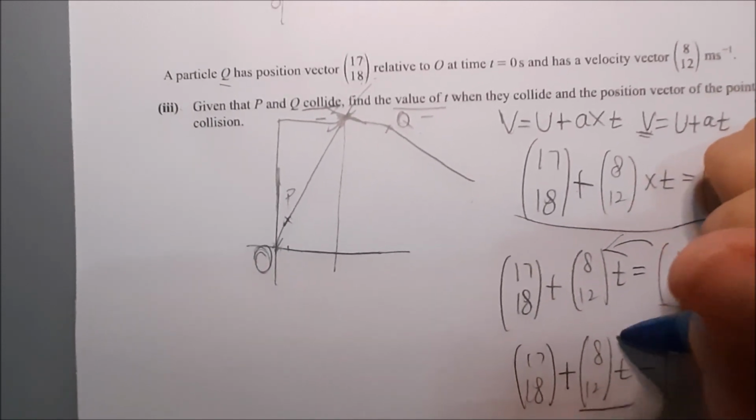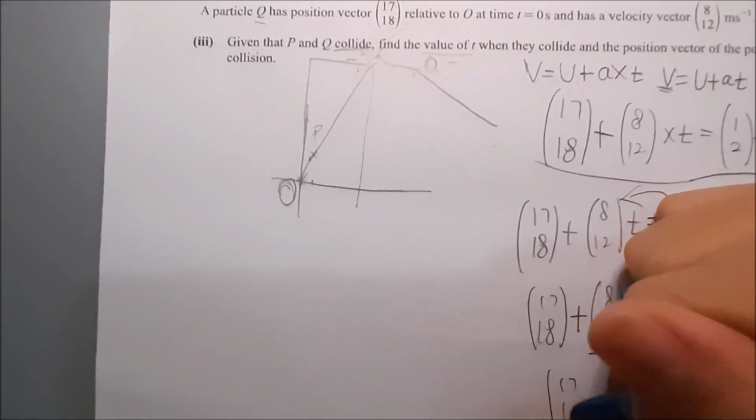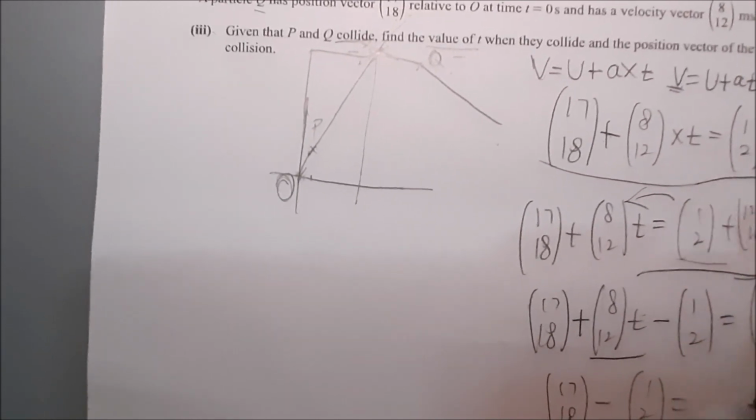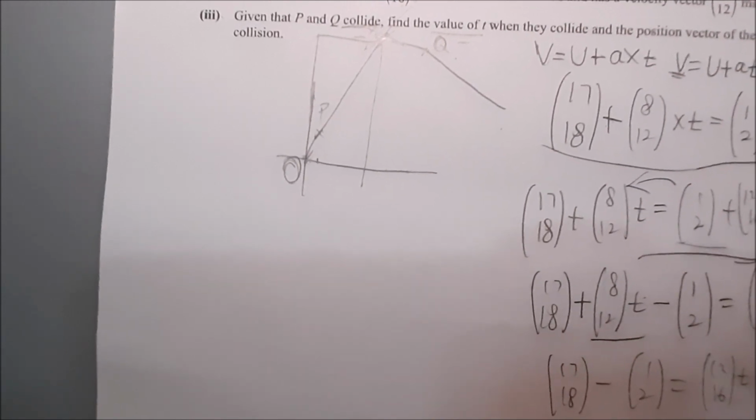And if you move the column vector (8, 12)t to the right, you get (17, 18) minus (1, 2) equals (12, 16)t minus (8, 12)t.